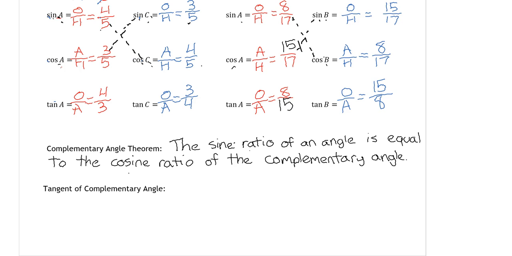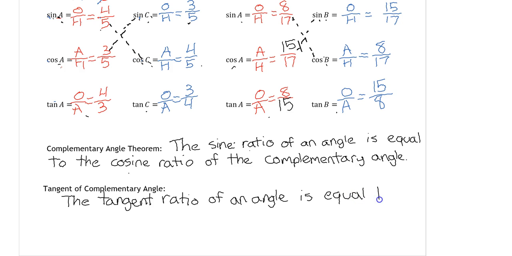Then we have the tangent of the complementary angle. These are related in a way too. So the tangent ratio of an angle is equal to what we call the reciprocal, and reciprocal just means I flipped my fraction.